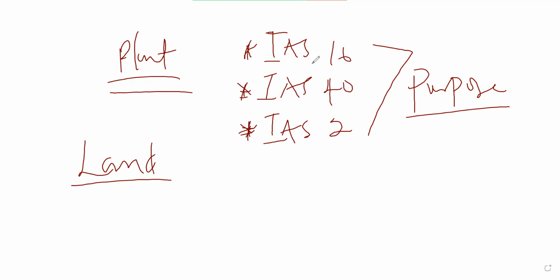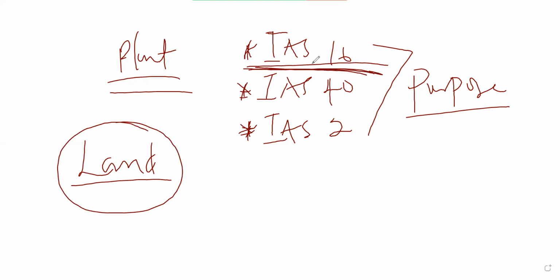If you are going to use the land for administrative purposes, like you are going to build an office on it, then in that case, the land can be accounted for using what? The popular one, IAS 16. Okay, property, plant, and equipment.